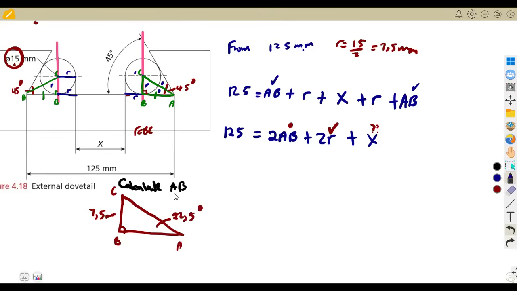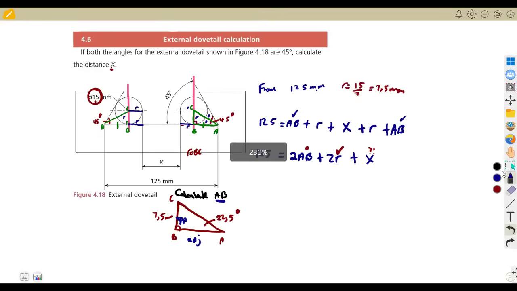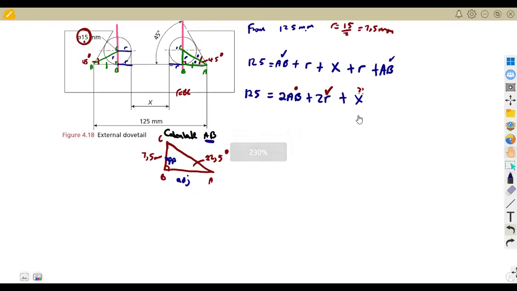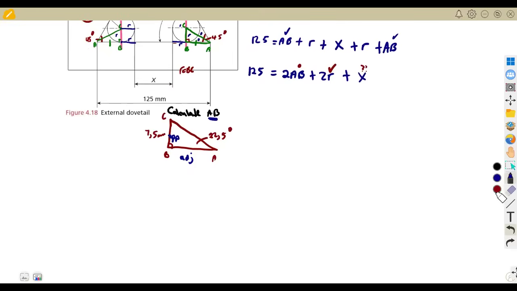So according to this angle, to find AB, we've got the opposite, and AB is the adjacent. So which ratio uses the opposite and the adjacent at the same time? From SOHCAHTOA, opposite and adjacent, that is the tan. So the tan of theta, which is the angle of 22.5 degrees, is equal to the opposite, which is 7.5, over what?